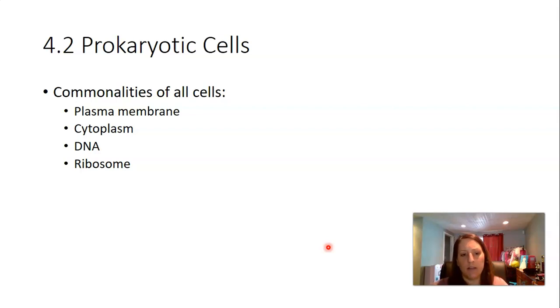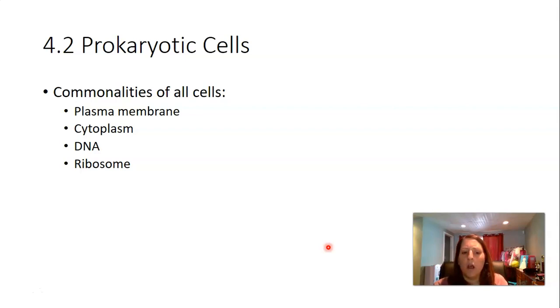But again, all cells will have at least that plasma membrane. The second thing is all cells have a cytoplasm. All cells have a fluid structure inside that plasma membrane where reactions take place and macromolecules are found.